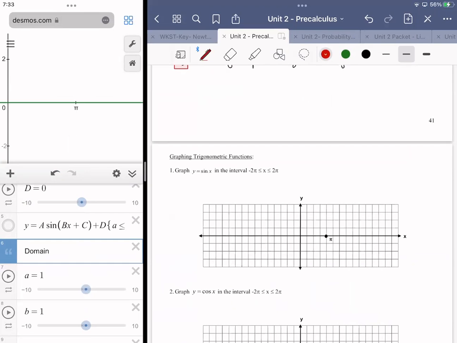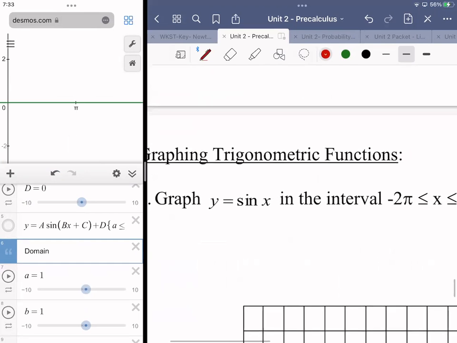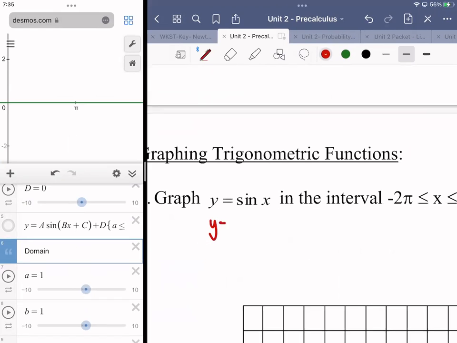But what I would do is I'd look at my sine function and say, all right, what do I got here? y equals the general form is A sine Bx plus C plus D. General is the word of the day, by the way. So I would adjust my sliders to account for the appropriate A, B, C, and D values.